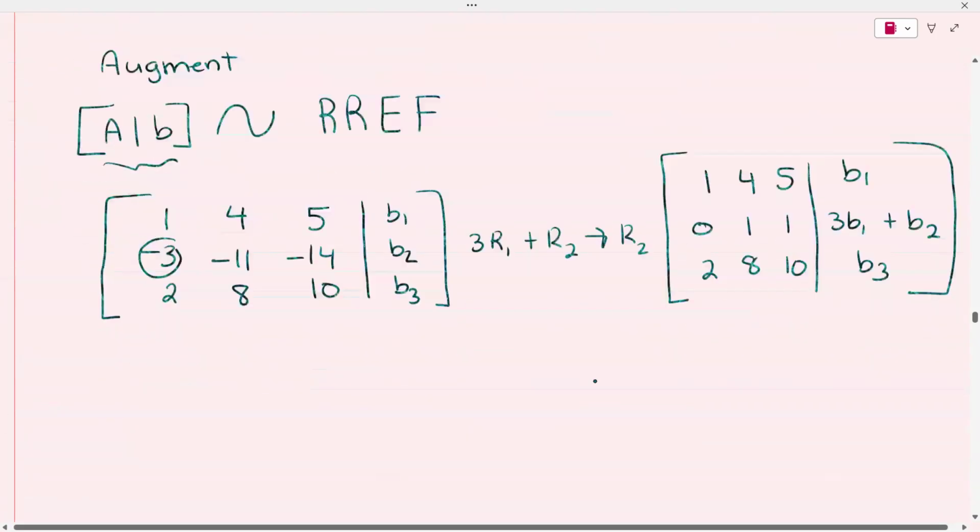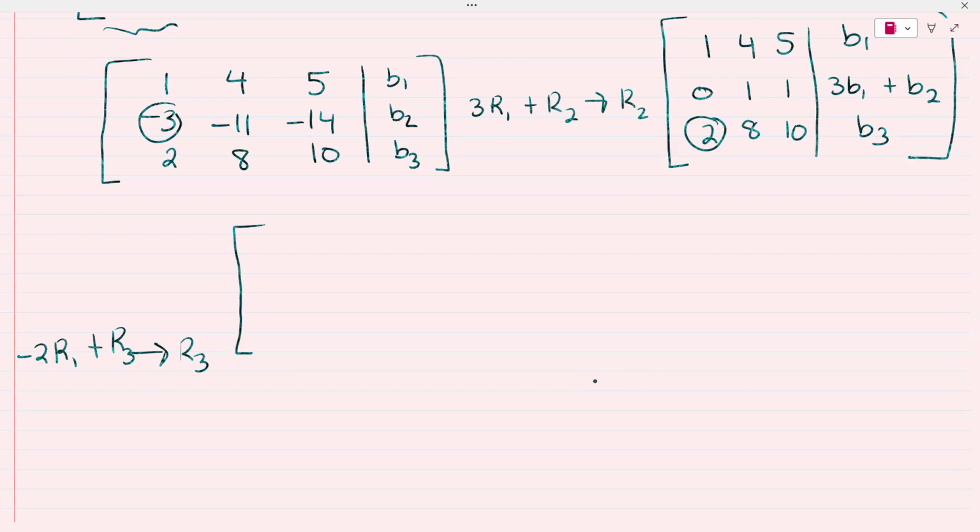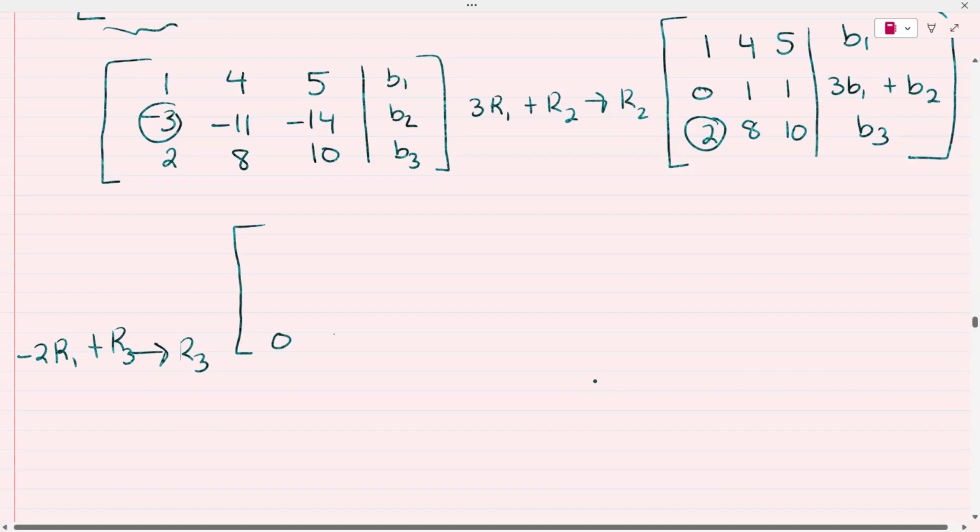Okay. Then what I'm going to do next is make this 2 into a 0. And how do I make that 2 into a 0? 2 is technically in row 3. To make that 0, you're going to multiply -2 times row 1 plus row 3. And that'll give us your new row 3, and then that will make this 2 into 0. You can pause the video and do the work individually, but since I did the work, it gives us 0, 0, 0, and then the side is equal to -2b1 plus b3.